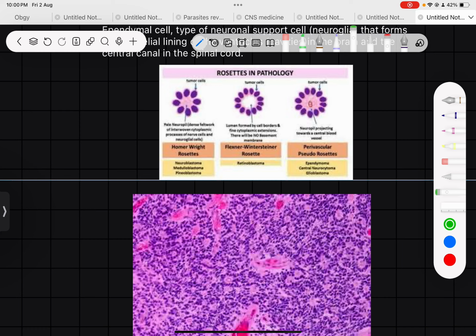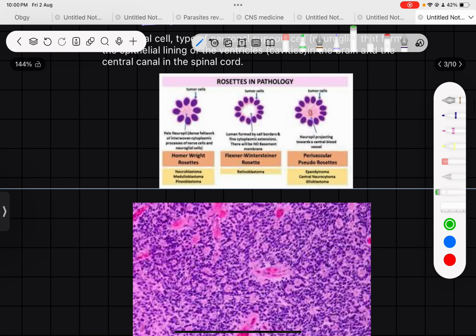What do we mean by true rosette? The surrounding cells with an empty lumen, I mean the lumen will look totally empty. The two pseudo rosettes are the Homer Wright rosette and the perivascular pseudorosette. In the Homer Wright rosette there will be pale neuropil, meaning the central part will have eosinophilic material, and in the perivascular pseudorosette there will be a vessel.